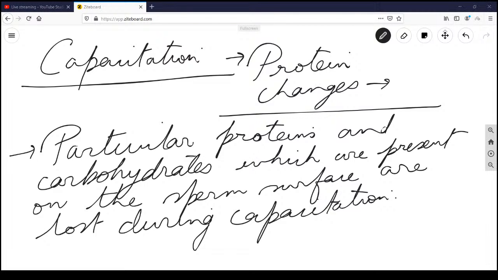Now, why are these compounds lost? We just have to think evolutionarily. I can predict that these compounds were blocking the recognition sites for the sperm proteins to bind to the zona pellucida.